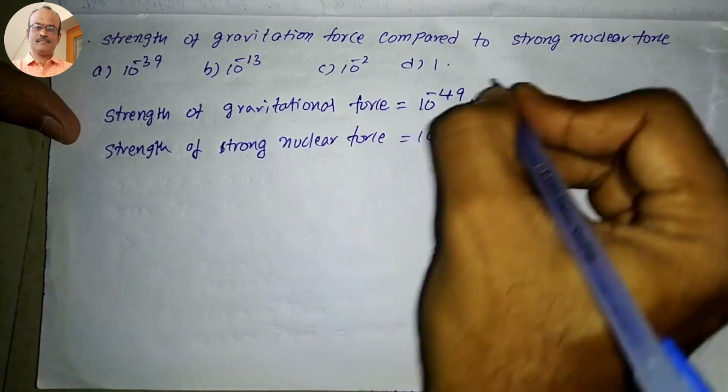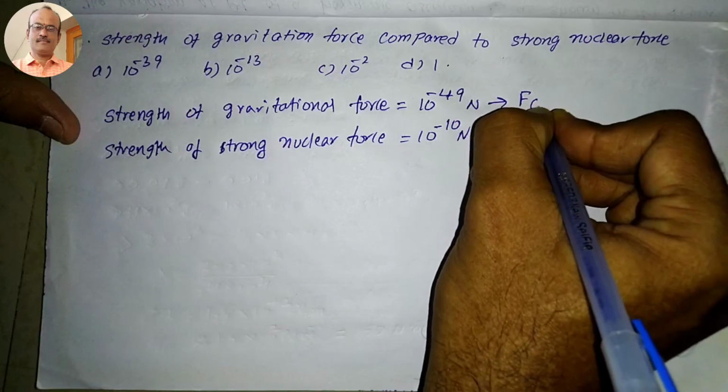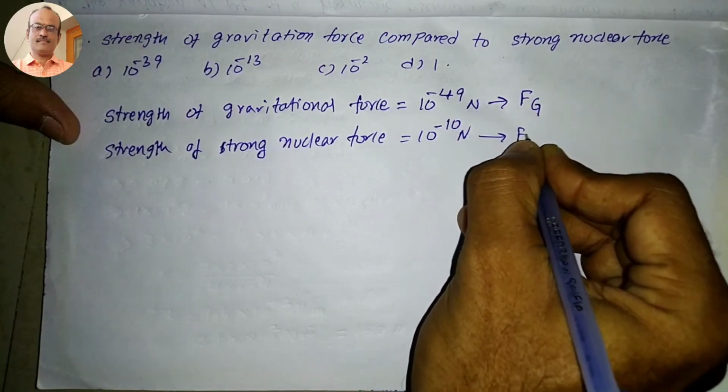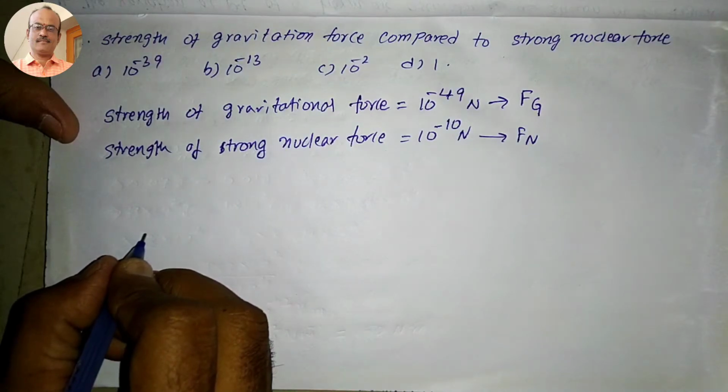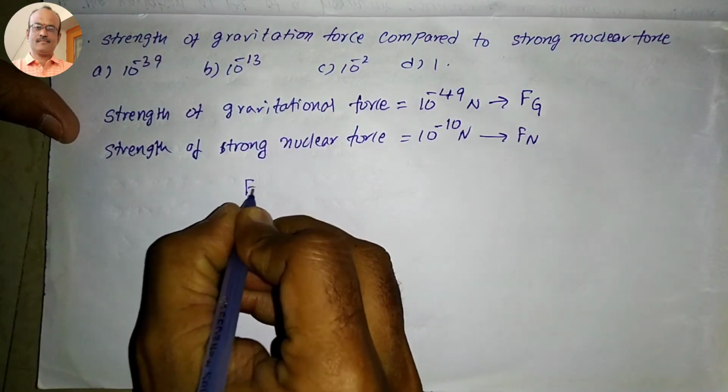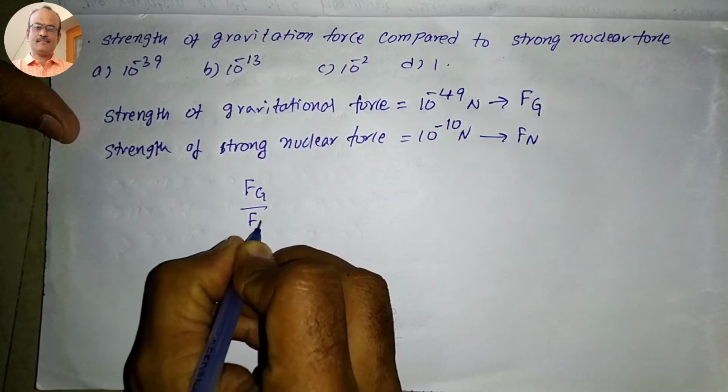These two are newtons only. I will write this one as Fg, this one as Fn. So what they ask here is strength of gravitation force compared to nuclear force. So that means Fg divided by Fn.